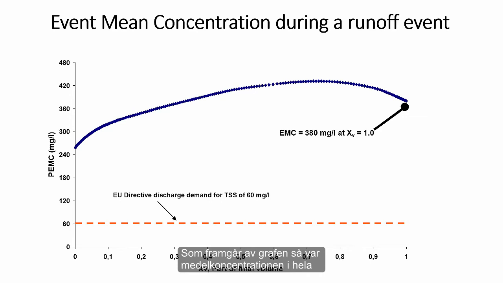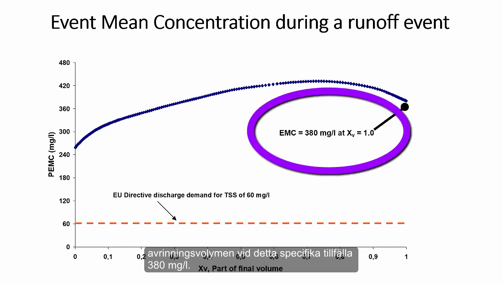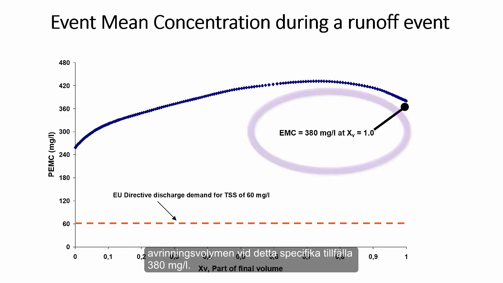As you can see from the plotted graph, the concentration of the whole runoff volume for this particular runoff event was 380 milligrams per liter.